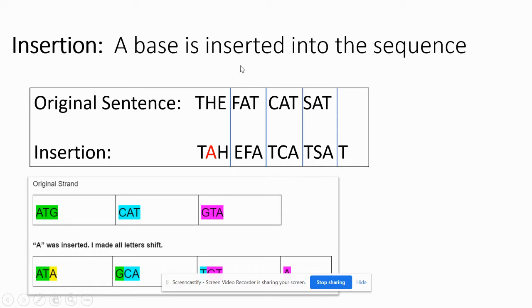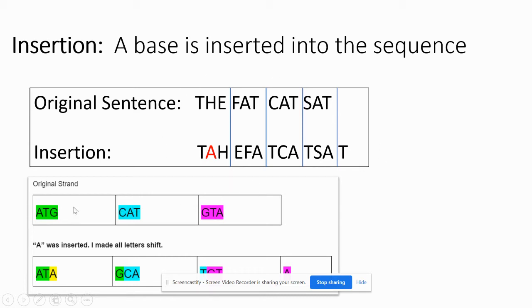So instead of the RNA reading the fat cat sat and creating the appropriate amino acids, now it says ta, effa, tka, tsa, t. So again, this sentence is an example of insertion.